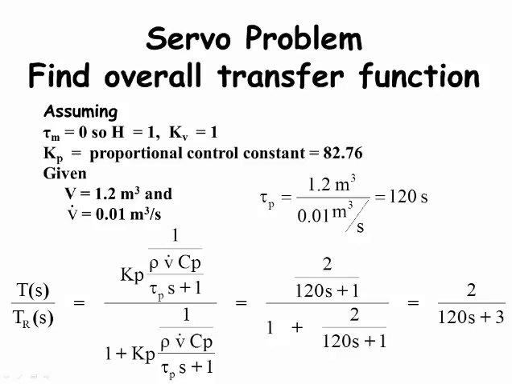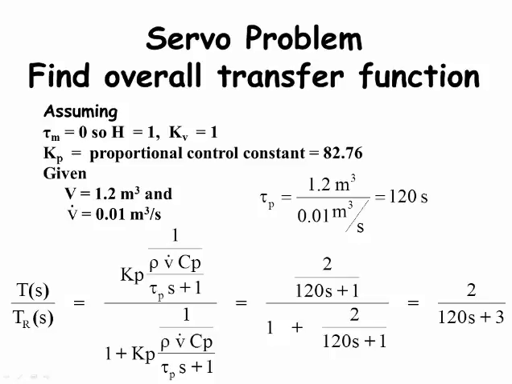Finally, we will assume that the gain of the proportional controller, Kp, equals 82.73. This value is 2 times the product of rho times V dot times C sub P. Given that the fluid heating tank is 1.2 cubic meters and the steady-state flow rate is equal to 0.01 cubic meters per second, the fluid heater time constant tau p is 120 seconds.